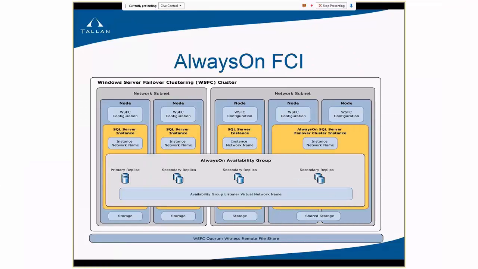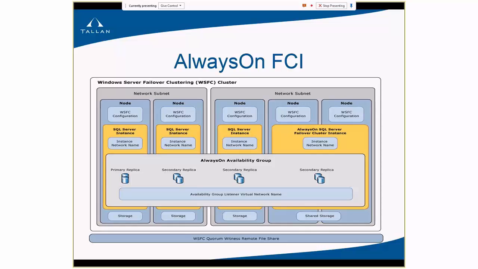An FCI can also be a single instance of SQL Server across multiple subnets, if you're so inclined. On the network, an FCI appears to be an instance of SQL Server running on a single computer, but the FCI provides failover from one Windows Server failover cluster node to another if the current node becomes unavailable.